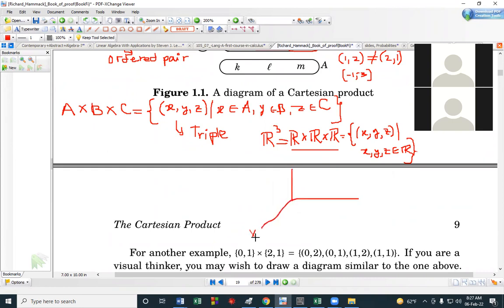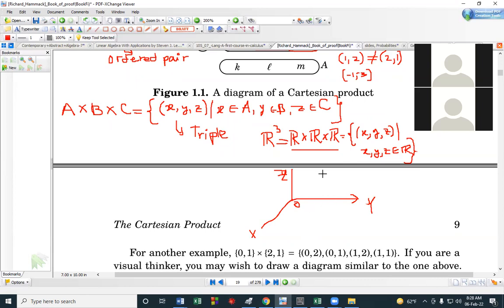this is my x-axis. That means we are taking one copy of the real line in this direction and one copy of the real line in this direction, call it the y-axis, and up and down one copy of the real line, we call it the z-axis. And their intersection is the origin. The coordinate of the origin is (0, 0, 0), because it marks the number 0 on all these three real lines.